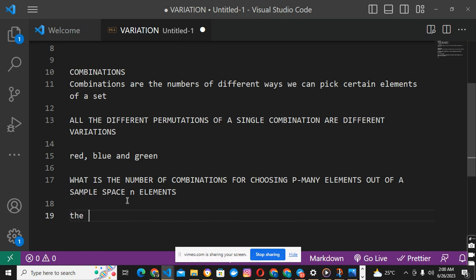So we can say the number of combinations equals the number of variations divided by the number of permutations.